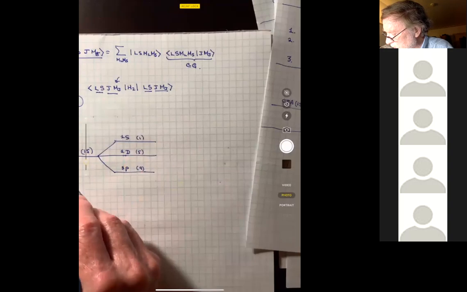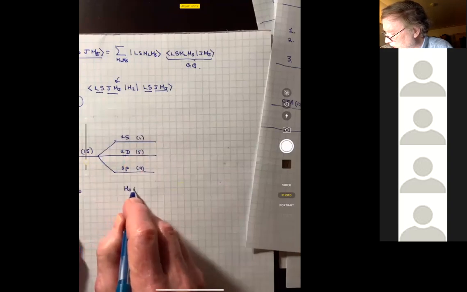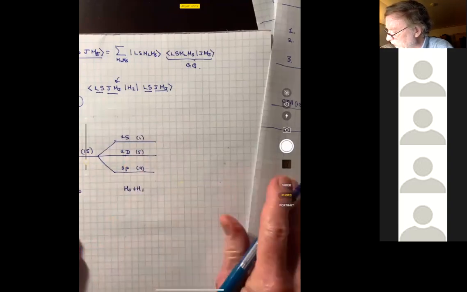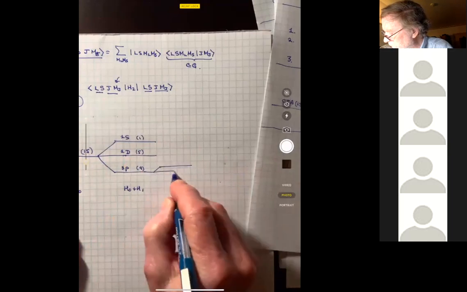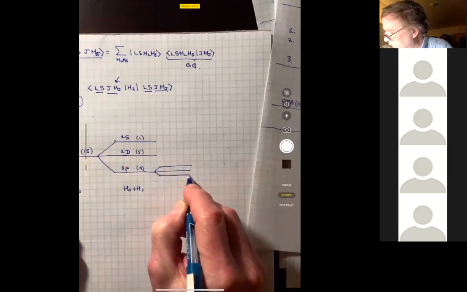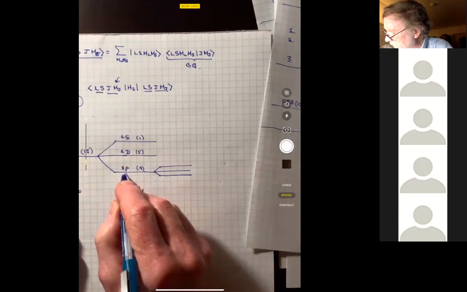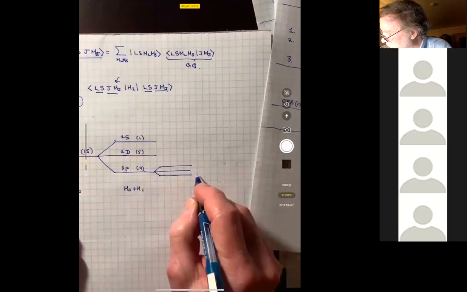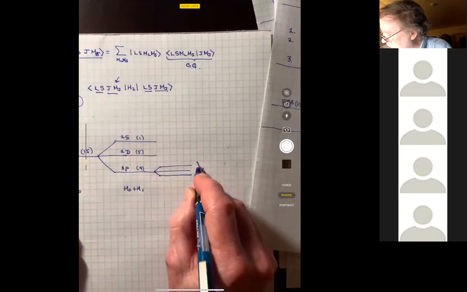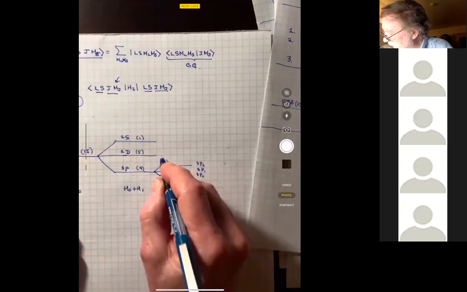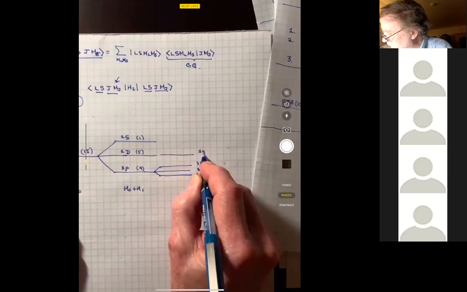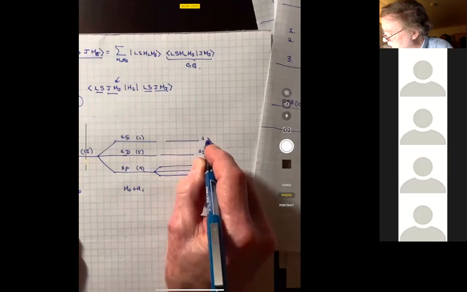This is H0. This is H0 plus H1. And when I turn on H2, we get fine structure, and the triplet P splits into triplet P0, triplet P1, and triplet P2, like this. And this just becomes singlet D2, and this becomes singlet S0.